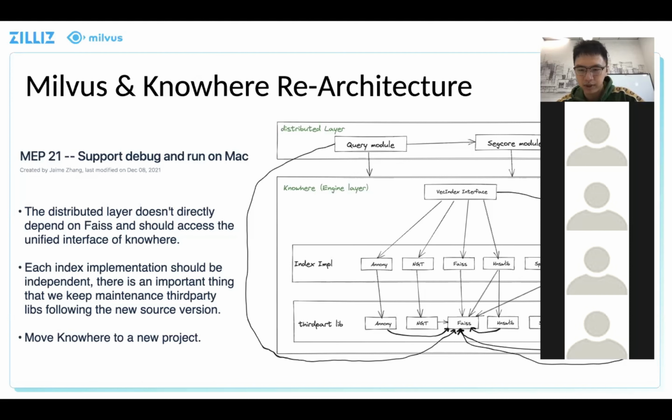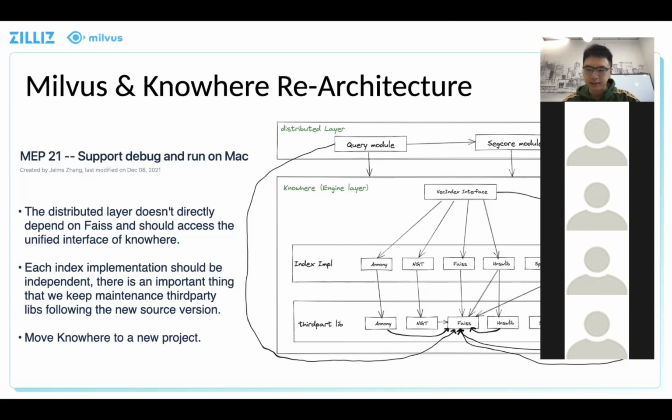We have a lot of dependencies on Faiss, and the Milvus distributed layer has dependencies on Knowhere and on Faiss itself, and it's really kind of mangled.